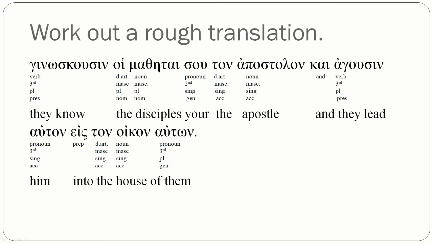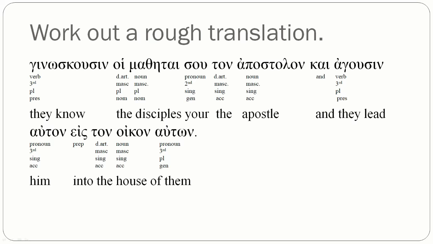What happens next? Let's get a rough translation. Okay, genoskusin is from I know. Third person plural means they know. Hoi mathetai, the disciples. Su, of you or your. Then ton apostolon, the apostle. Kai is and. Agusin, third person plural verb, they lead.